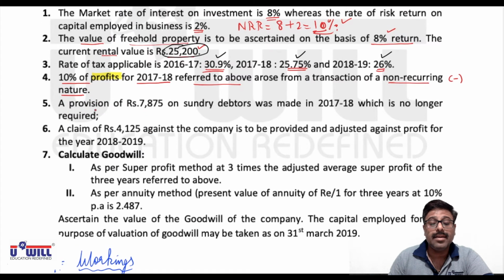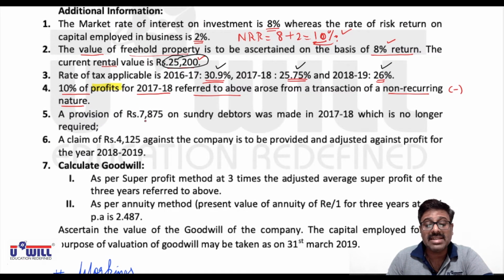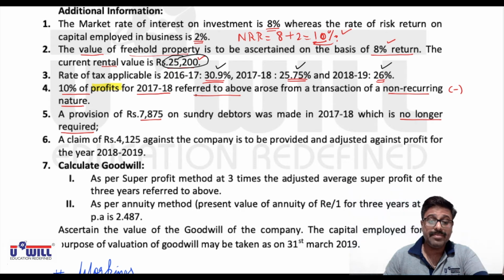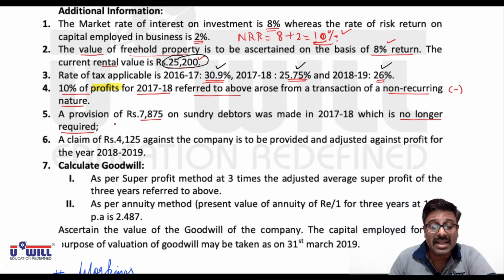Then a provision of 7875 on sundry debtors was made in 17-18, which is no longer required. A provision comes in the P&L account on the debit side. If the provision of 7875 is no longer required, you remove it from the debit side, and the profits will increase.